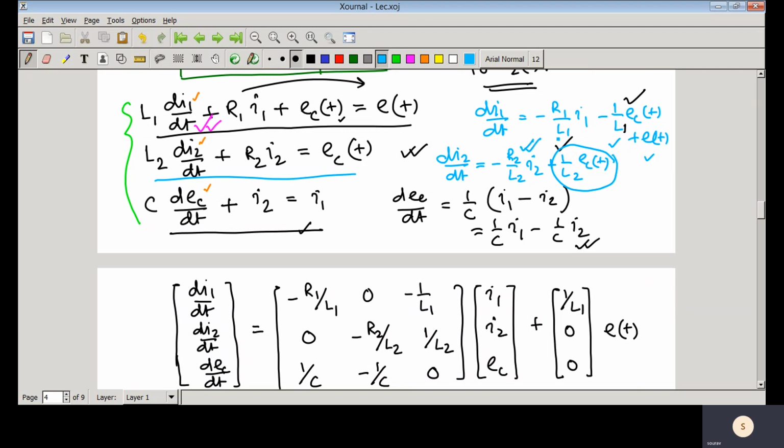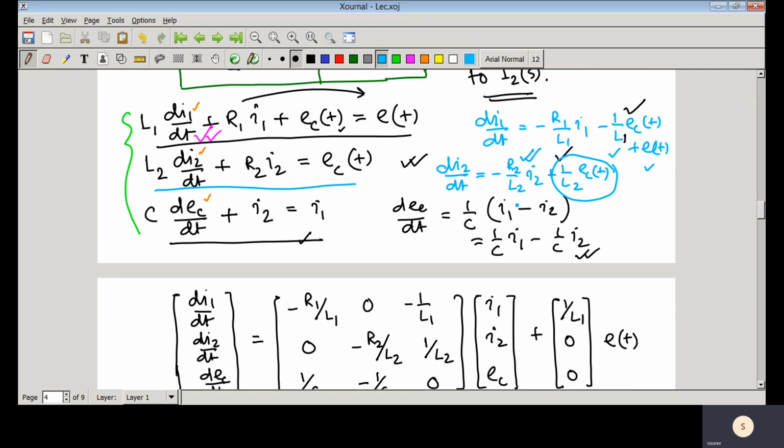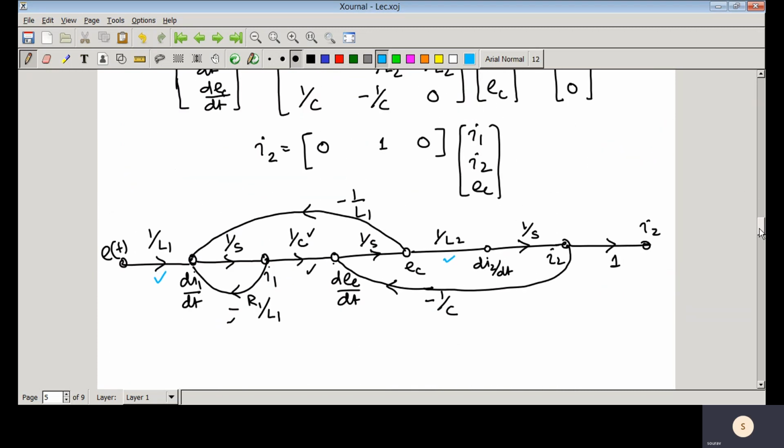So that means one feedback is needed with the gain minus R2 by L2 from I2. So from I2, this is that I2, we need one feedback here. That is minus R2 by L2. So this is actually that signal flow graph.